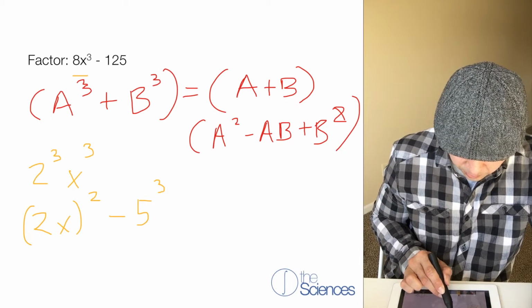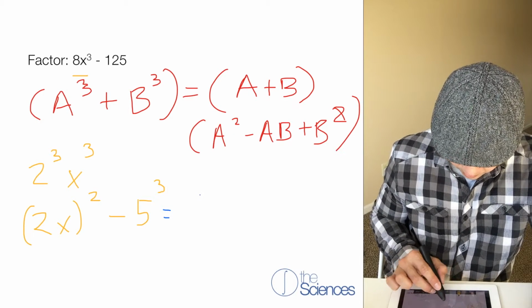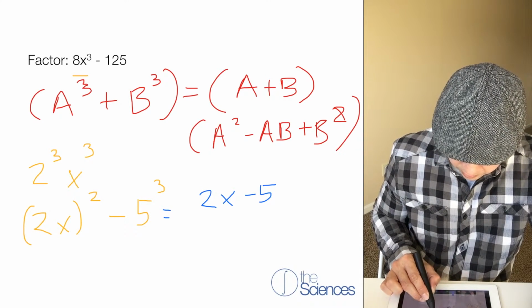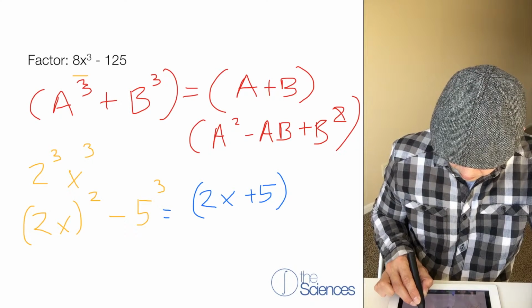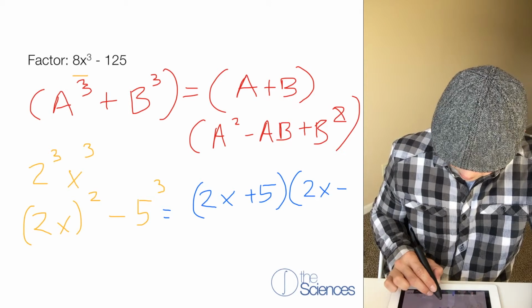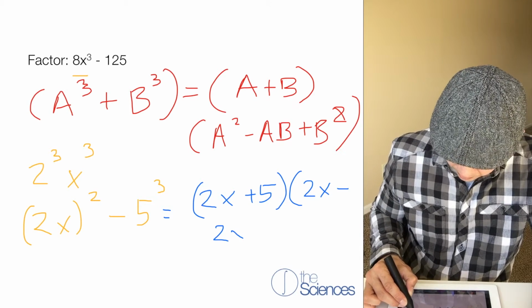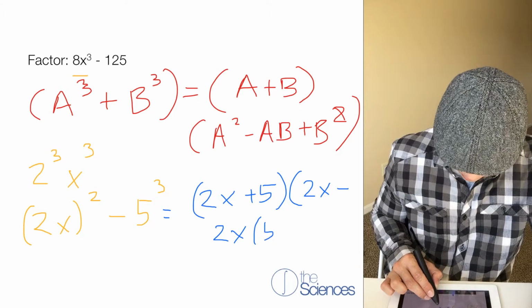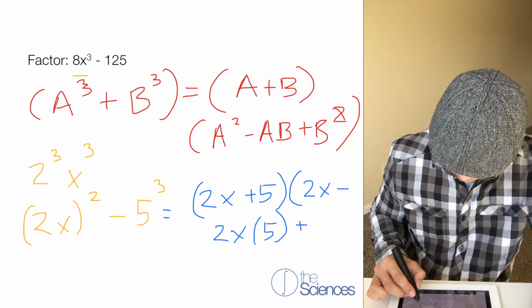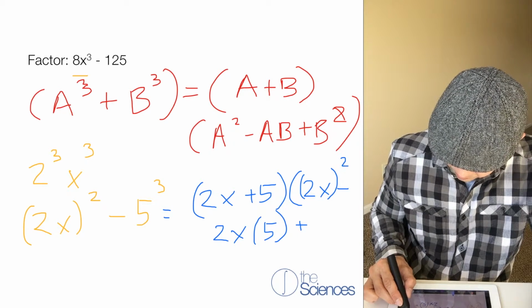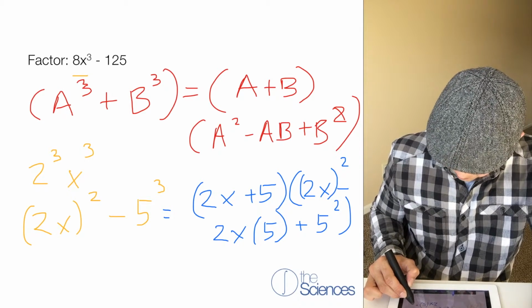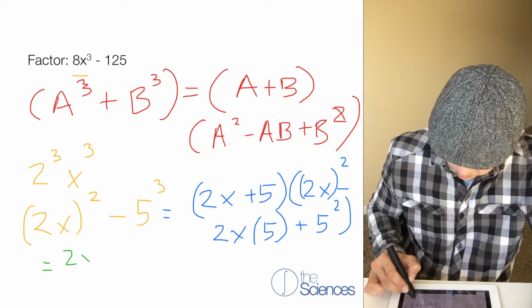5 cubed is 125. So now we can rewrite this expression as 2x minus 5 times 2x squared plus 2x times 5 plus 5 squared.